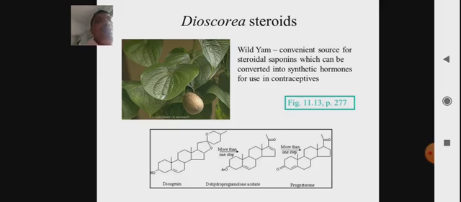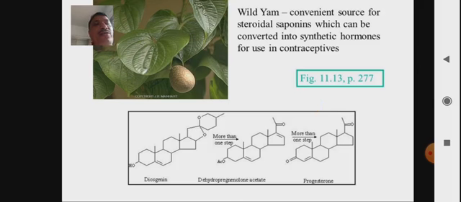Now Dioscorea steroids. Wild yam is a convenient source of steroidal saponins, which can be converted into synthetic hormones for use in contraceptives. For example, diosgenin is converted to progesterone.